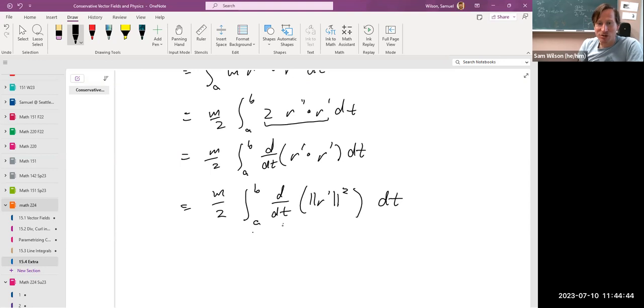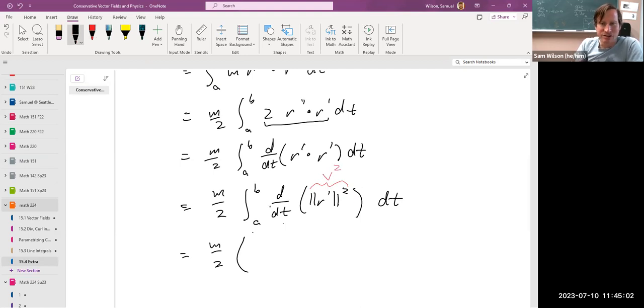And now we have an integral of a derivative. Before we apply the fundamental theorem of calculus, notice that this magnitude of r prime squared is the velocity squared.